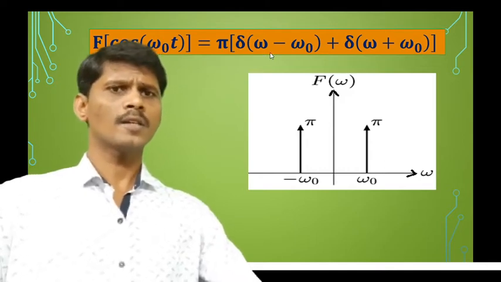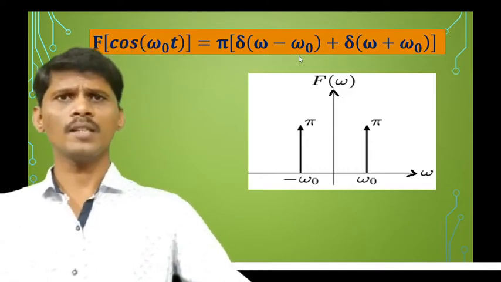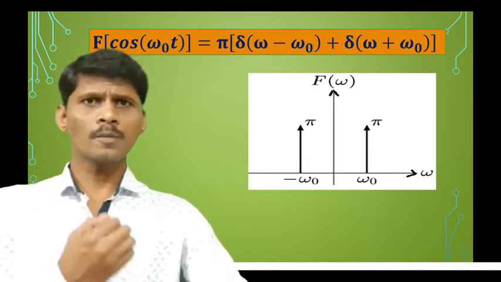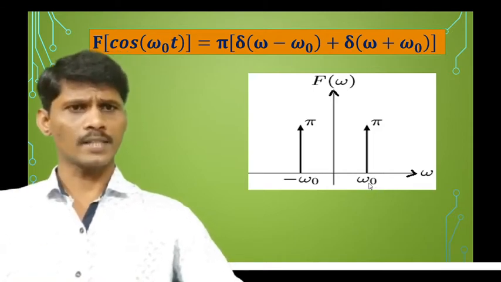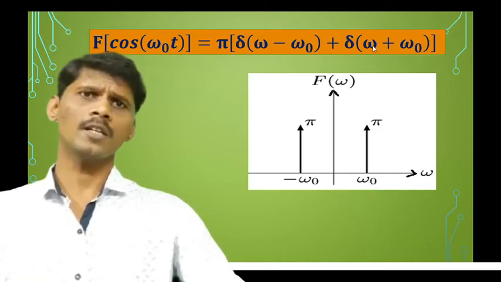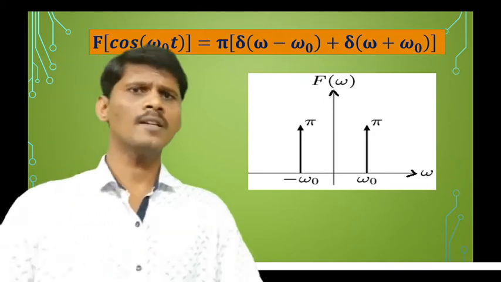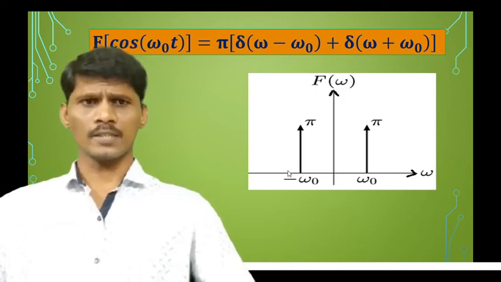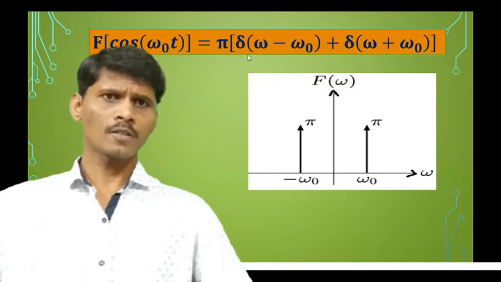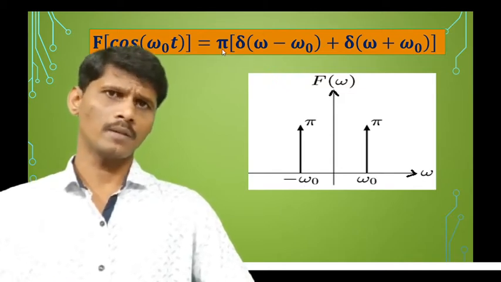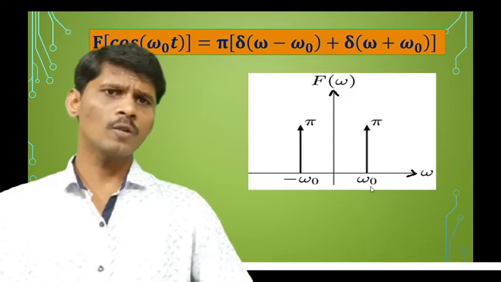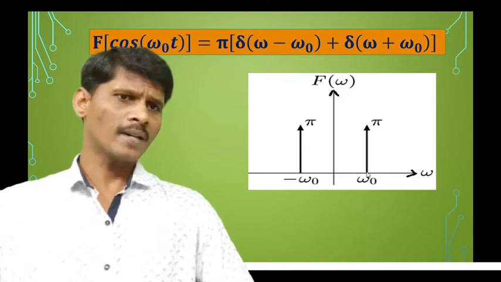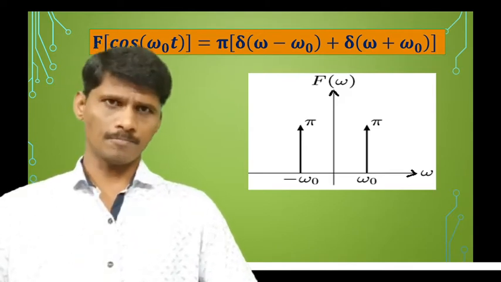In the first term, the impulse function exists at omega equal to omega naught, which is a positive value, on the positive x-axis. In the second term, the impulse function exists at omega equal to minus omega naught, on the negative x-axis. The magnitude is pi for each, so at omega equal to plus omega naught the magnitude is plus pi, represented by an upward direction.